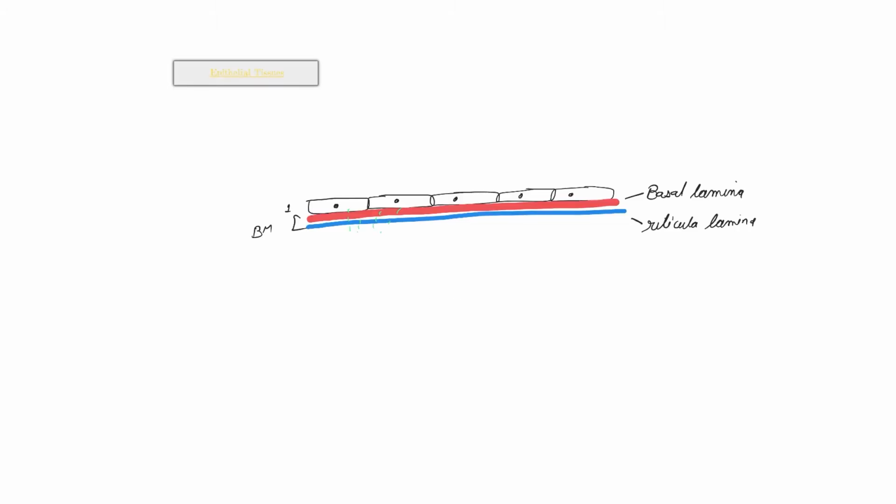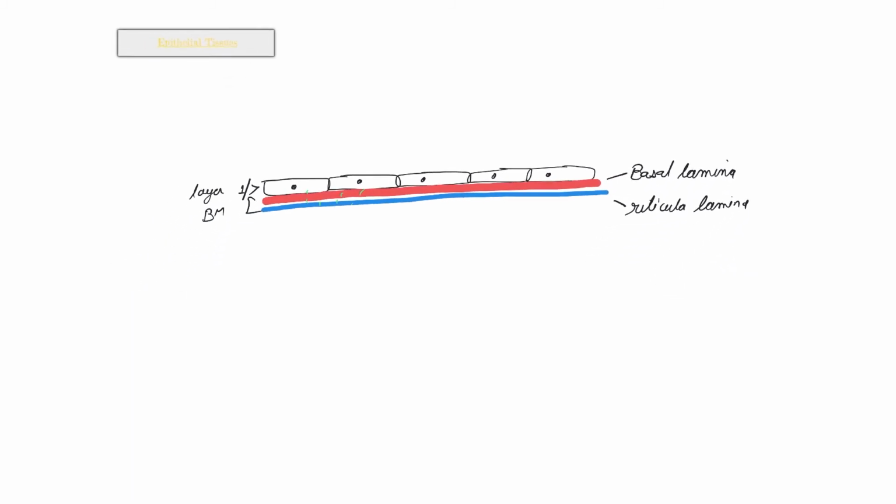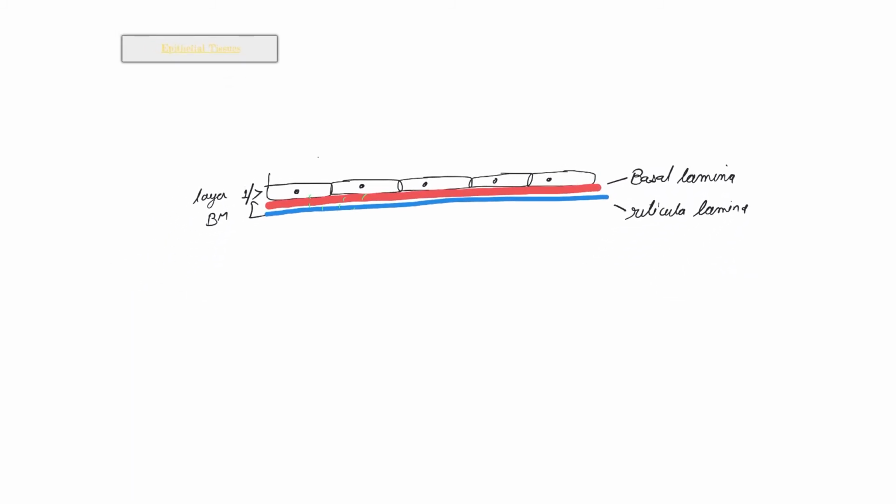Right? So whenever you look at epithelial tissues, they can have one or more layers of cells, but beneath the cells there will always be a basement membrane.